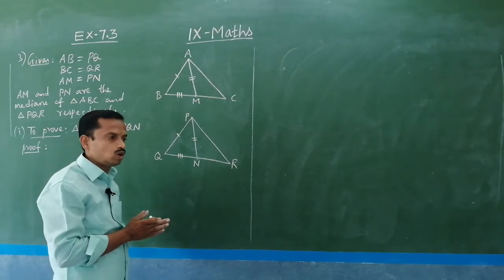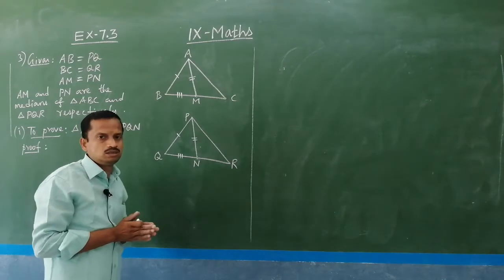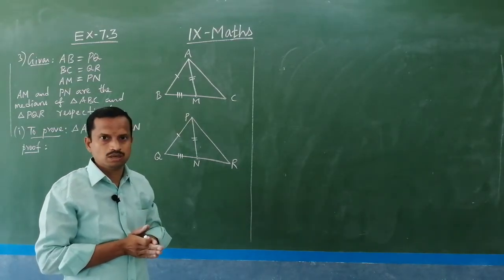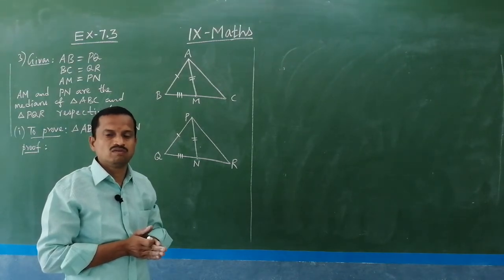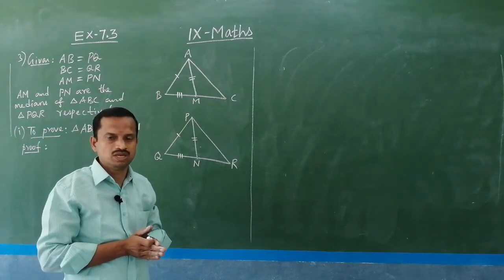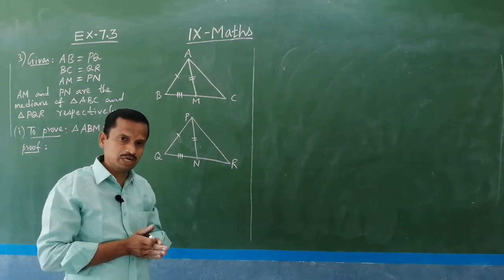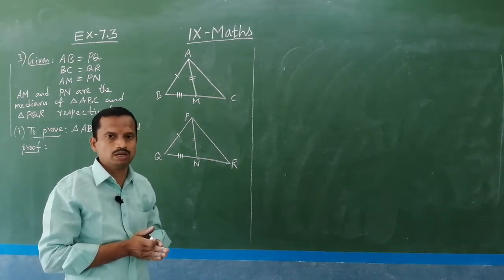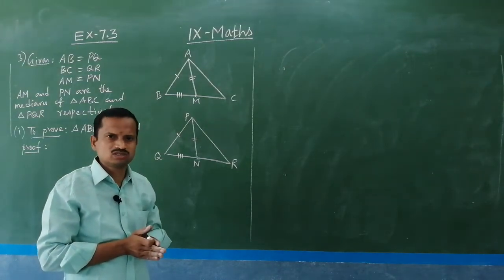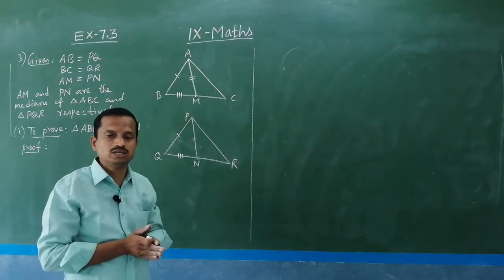So now we should know what a median is. In the previous sum we learnt altitude. What is altitude? Altitude means a line segment joining a vertex of a triangle to a point on the base, which makes a perpendicular, that means an angle of 90 degrees with the base BC.